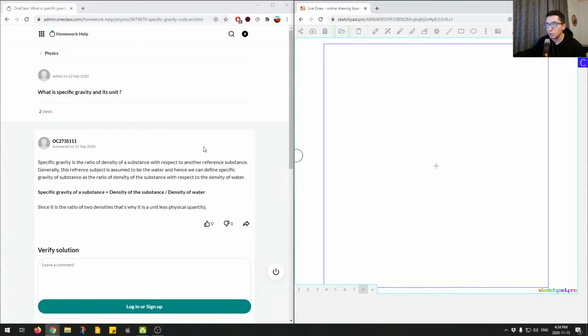Alright, so question number 8. Question number 8 also relates to specific gravity. In this question we're asked, what is specific gravity and its units? Let's read through what the junior tutor explained.